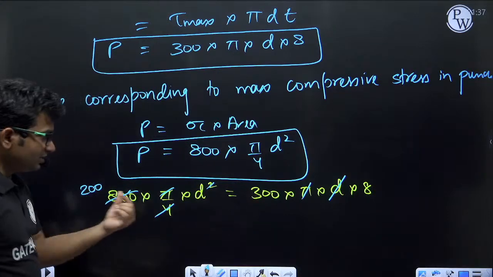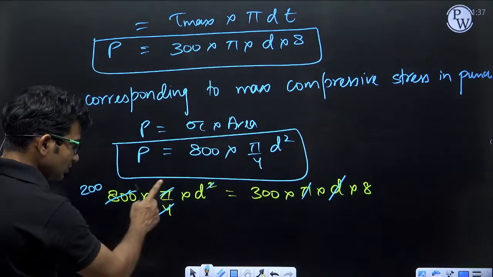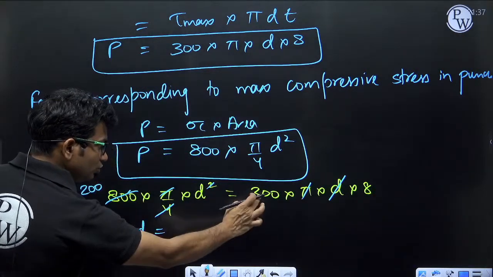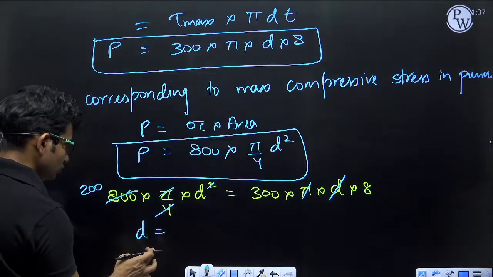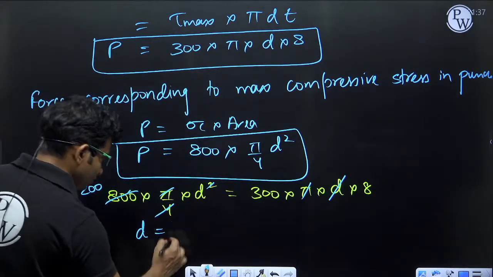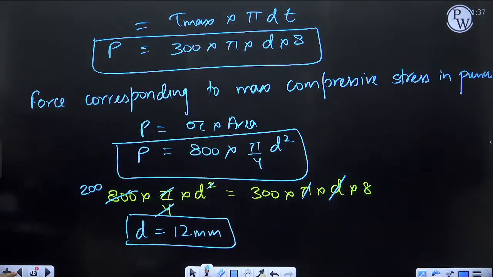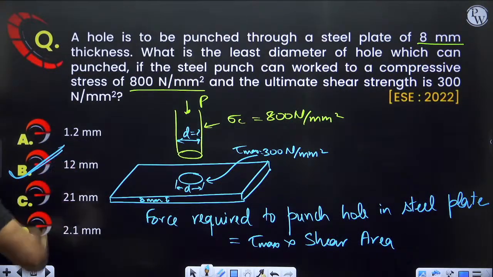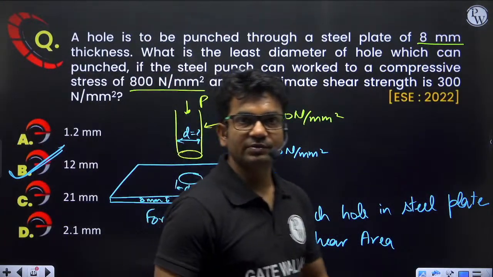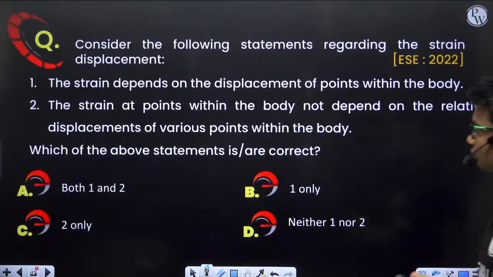So 200 d is equal to 300 into 8, so d will be 3 8s are 24, 24 by 2, that means 12 mm. So d is coming out to be 12 mm. Let us see options. Yes, correct answer is option B. Okay, let's move on to next question.